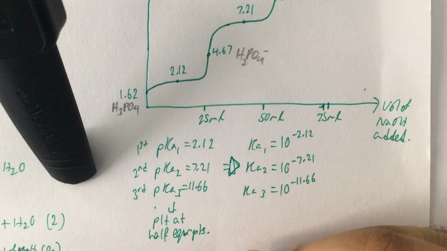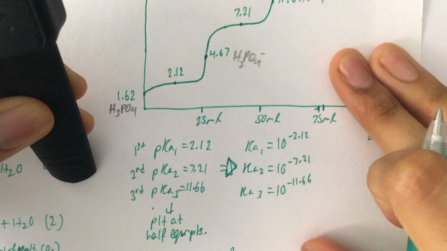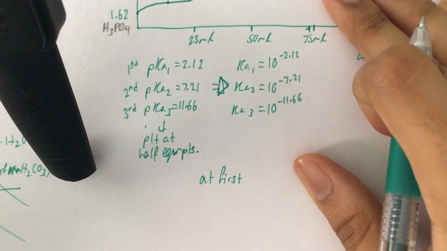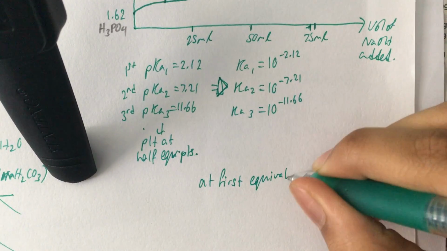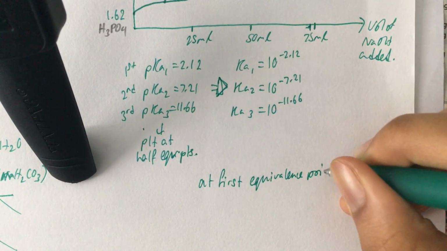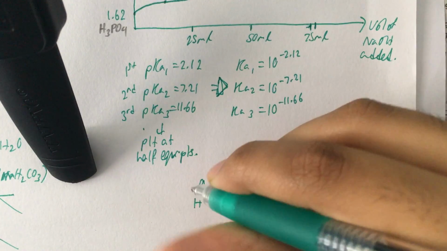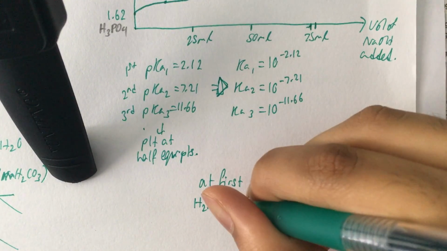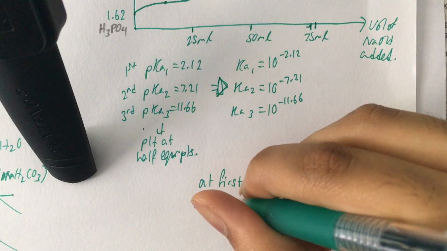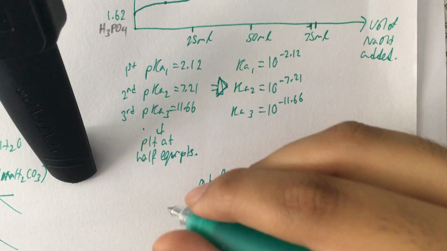Yeah, so at the first equivalence point, you can tell that all of the H3PO4 has become H2PO4 minus, right? But that doesn't mean that it is permanently H2PO4 minus. Of course, it is very likely to be there, but it is possible for the H2PO4 minus to become H3PO4 again.